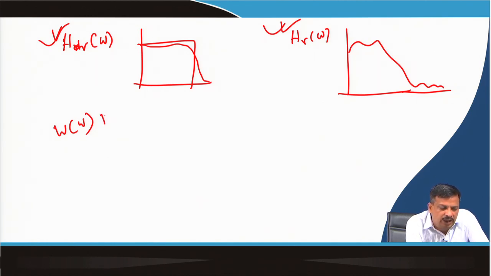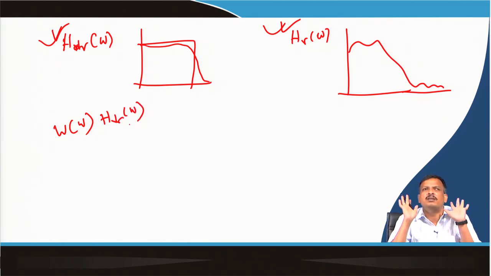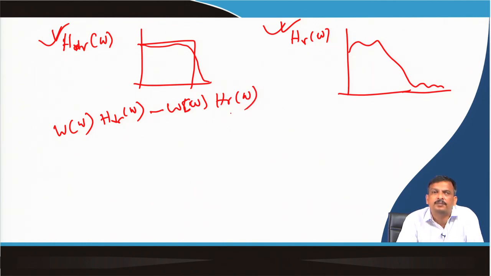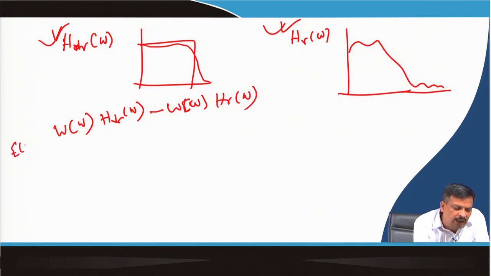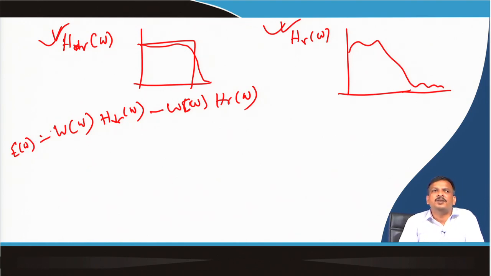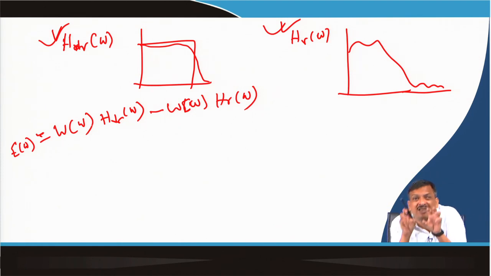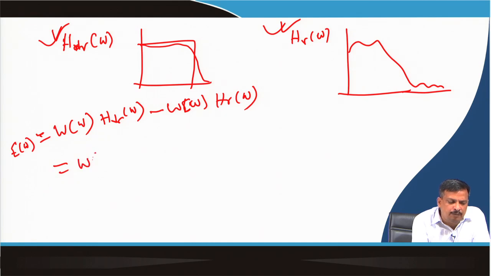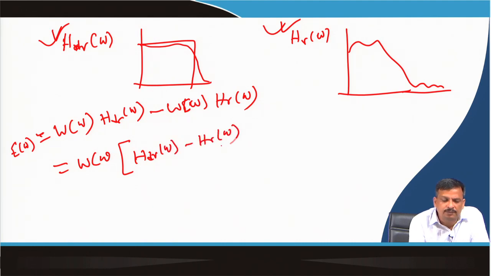I want W(ω)H_dr(ω), and I design W(ω) times H_R(ω). That is nothing but E(ω), my error. So, this W(ω) is used to quantize the error. So, I can say the error is W(ω) times (H_dr(ω) minus H_R(ω)).